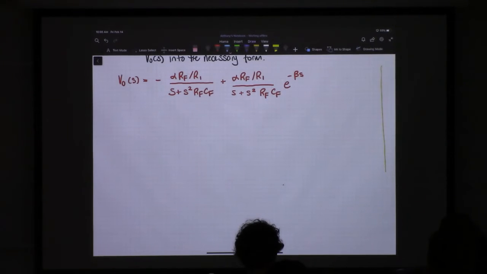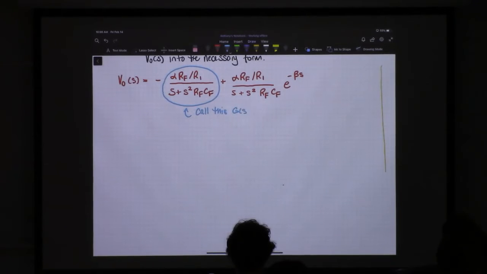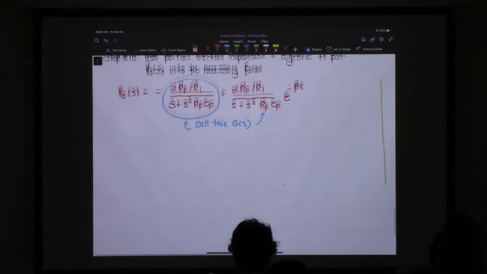So I'm going to take this piece right here and give it a name, G of S. Okay? And we're going to apply the partial fraction expansion to G of S, and then we can plug it back in, because G of S is also right here as well. Okay, so let's do the partial fraction expansion on G of S.